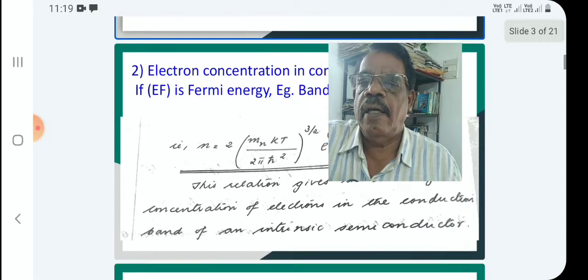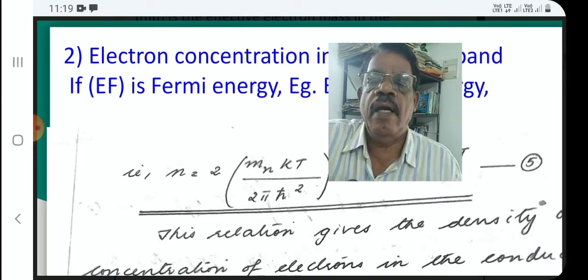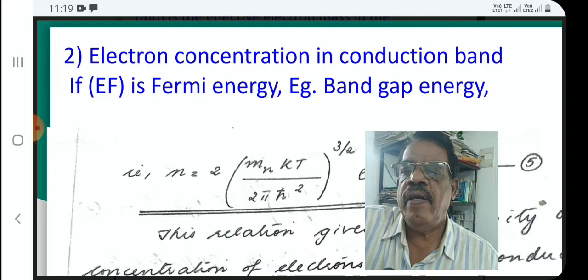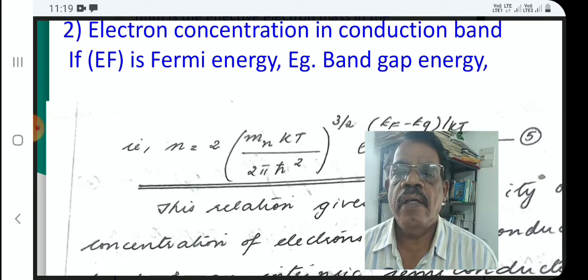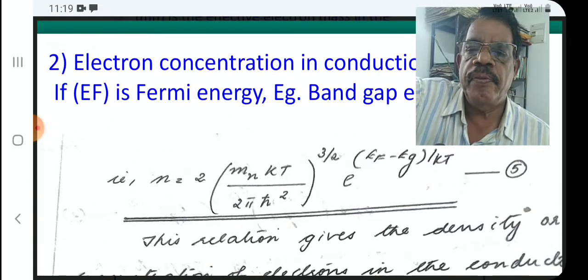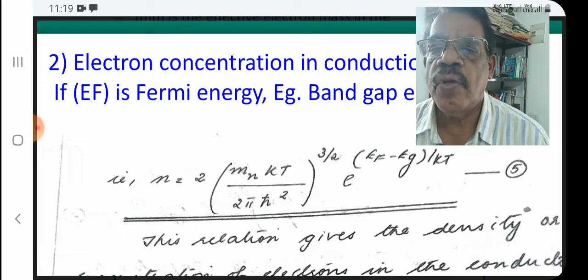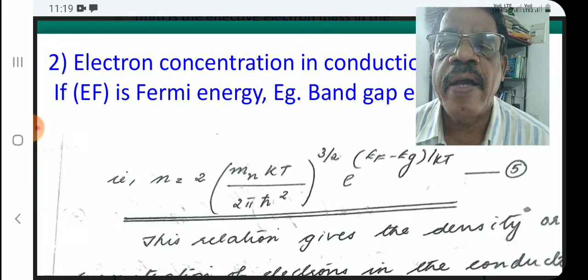The second title is electron concentration in an N-type semiconductor. If EF is the Fermi energy and Eg is the band gap energy, then the number of electrons per unit volume, the carrier concentration, is given by n = 2 (Mn kT by 2 pi h cut square) raised to 3 by 2 e raised to (EF minus Eg) by kT.